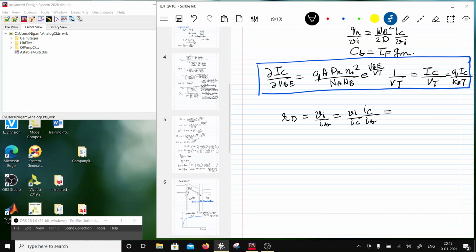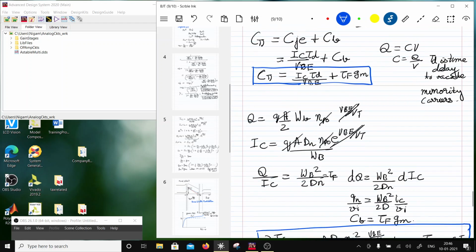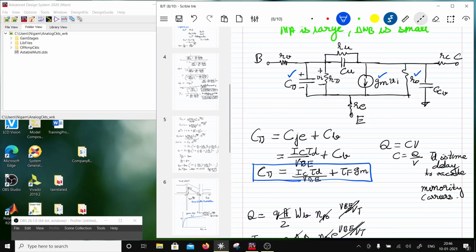IC over IB is beta, correct? So this would be beta, and beta for small signal is the same as beta 0, divided by GM. So R pi is going to be this. Now I have the input resistance R pi here.